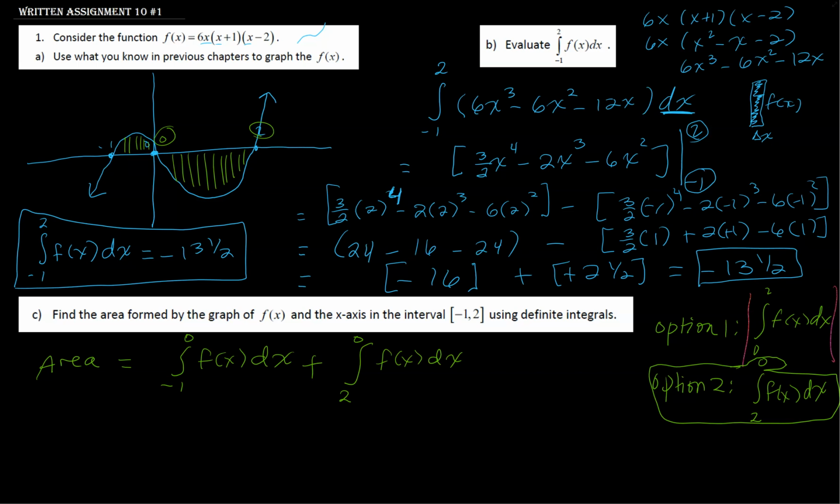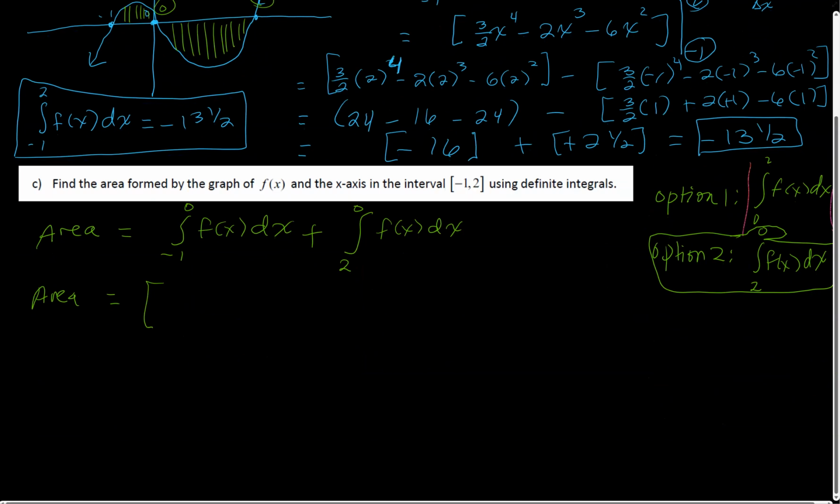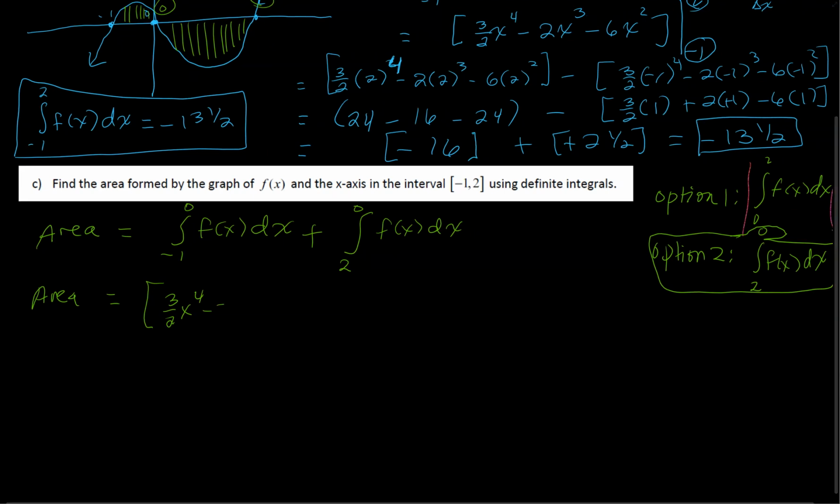And that accounts for the two area values being both positives. Okay, so the area will equal to, we know the antiderivative was 3 over 2 x to the 4th minus 2x to the 3rd minus 6x squared.